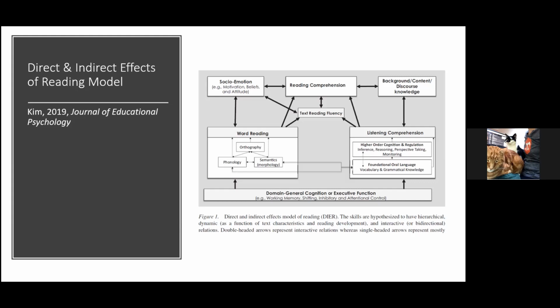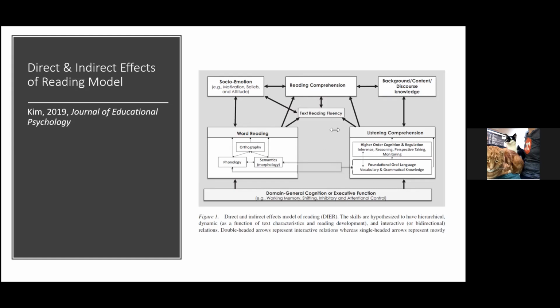And so she found a well-fitting model using these cognitive abilities of inferencing, perspective taking, and monitoring. It was fascinating seeing this very familiar model now compared to the direct and indirect effects of writing model.